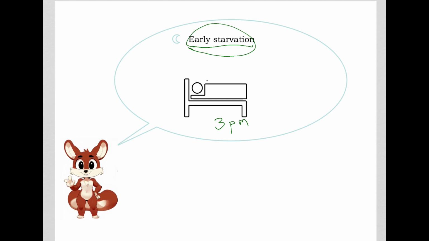Once again, we need to ask the question: how do we maintain our blood glucose in early starvation at least more than 40 milligrams per deciliter, so that we can feed our red blood cells and our brain cells? This is really the question we need to look at.